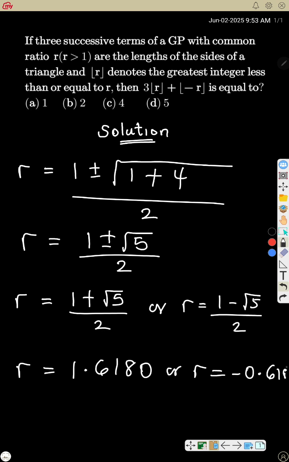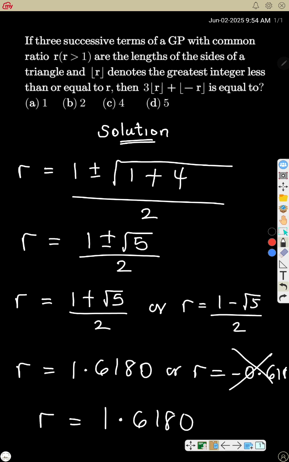Now, if you notice, the question says where R is greater than 1, so we are going to ignore this because this is less than 1. We are going to consider 1.6180 as R.